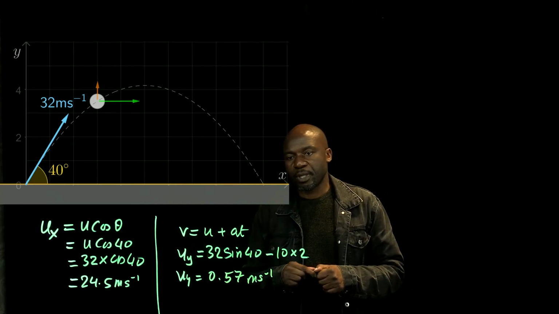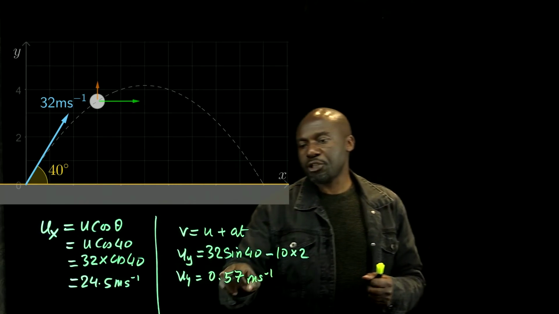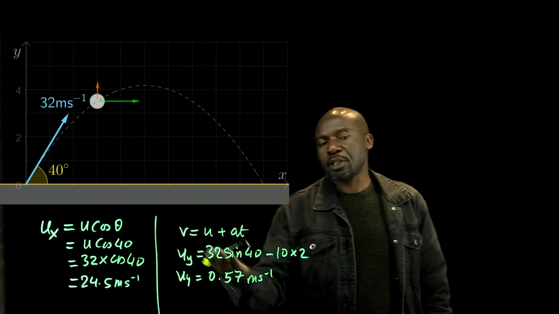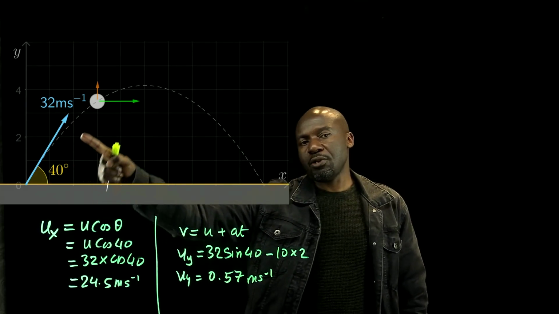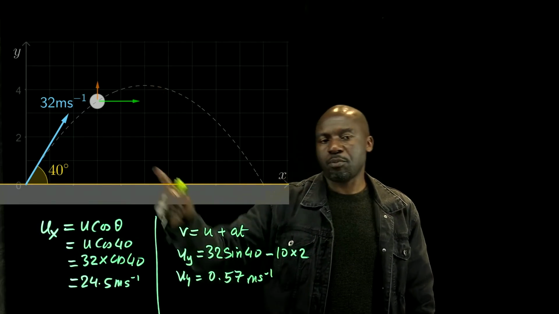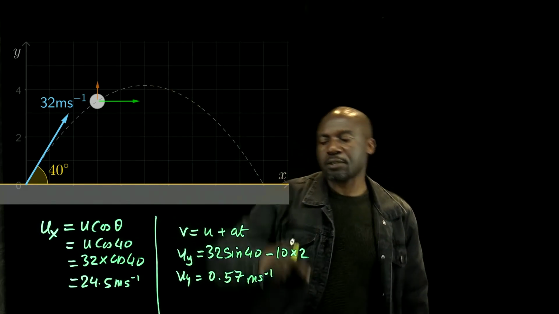So the speed will have reduced appreciably after 2 seconds. As the object is moving upwards, the speed is reducing, so eventually the speed is going to be 0. This is just before the speed actually becomes 0 and the object starts going downwards.